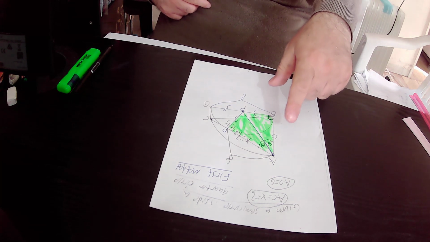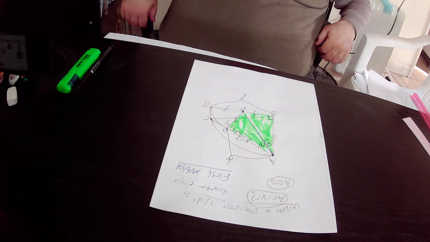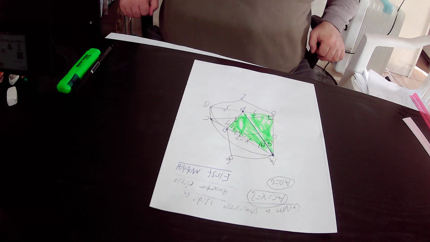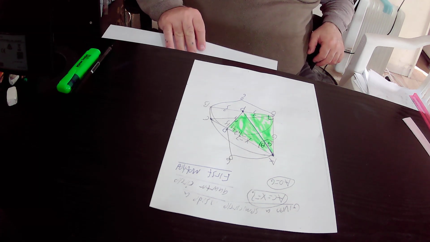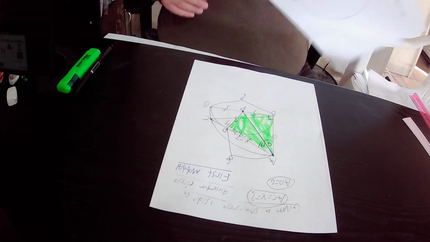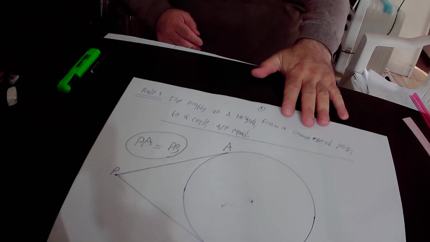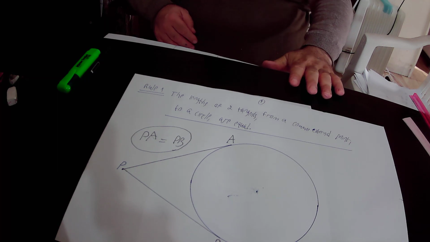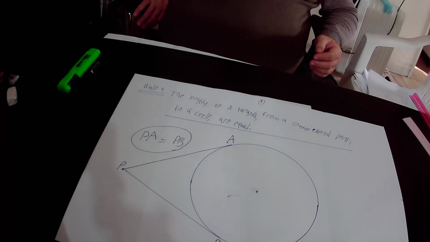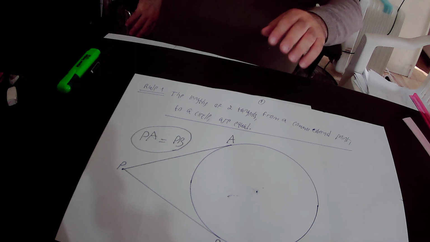Then we join points A and P together by a straight line, and then I presented to you a new rule that is actually rule number 1. According to rule number 1, the lengths of two tangents from a common external point to a circle are equal.